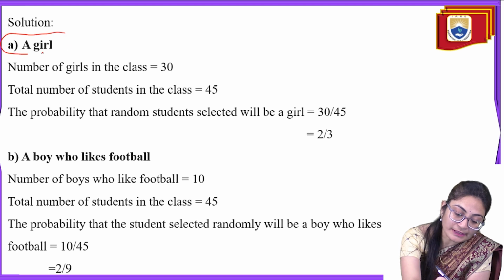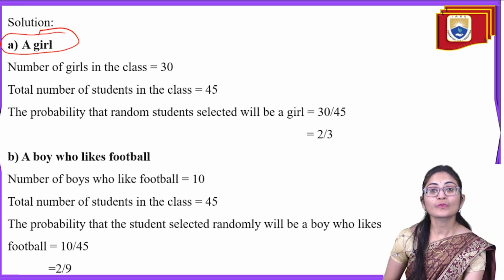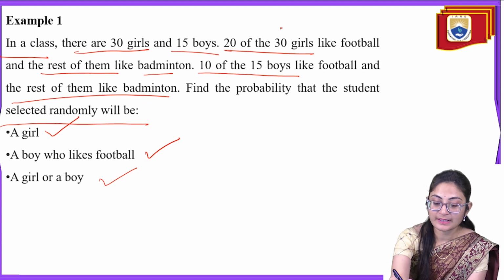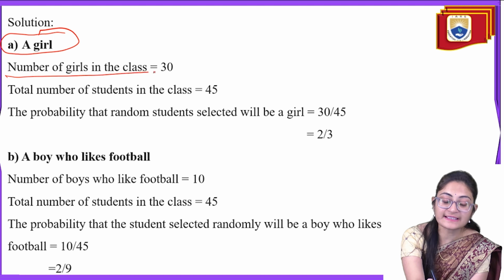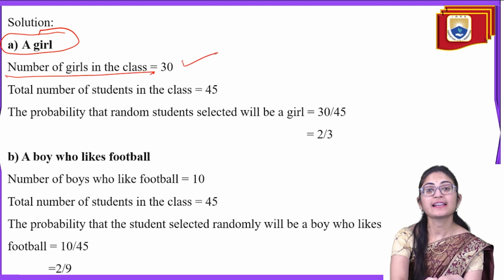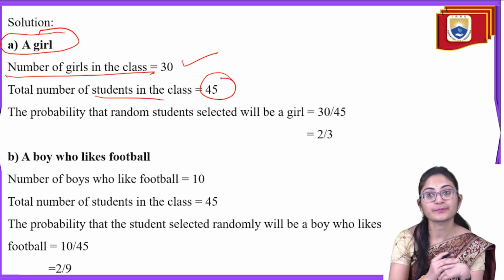First, we have to find the probability for the girl. The number of girls in the class is 30 and the total number of students in the class is 45.